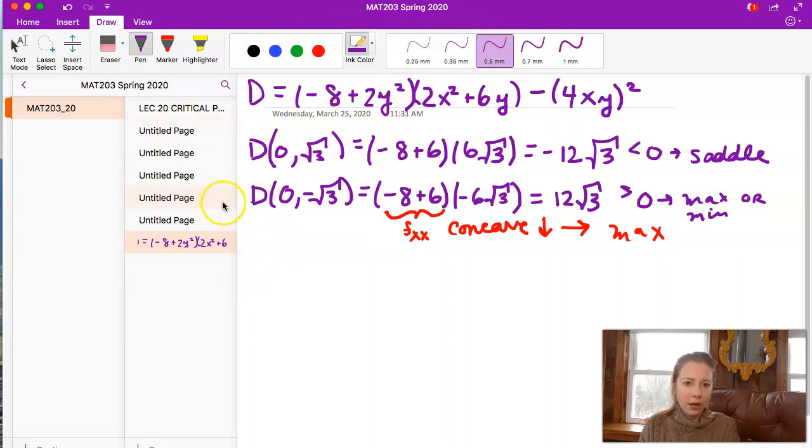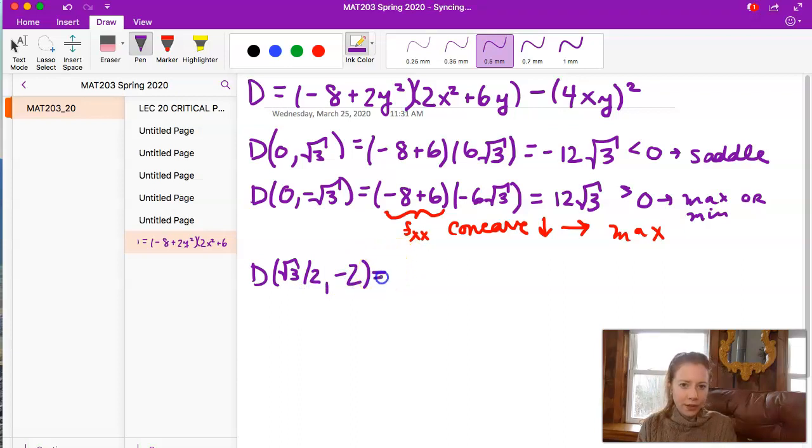Okay, and now we have 2 more points to look at. It's quite a process here, I know. Okay, so now we're looking at the square root of 3 over 2, and let's see, when y is minus 2.